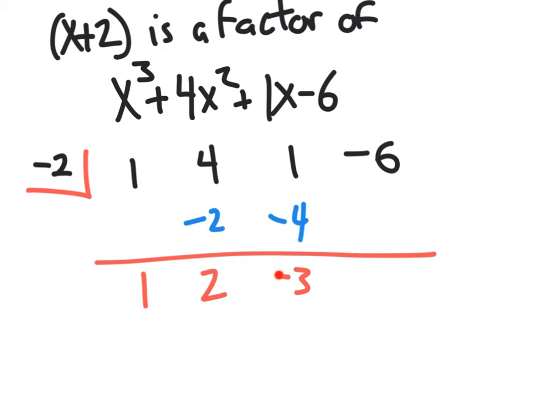And as we go this way, -2 times -3, what do we get? 6. And guess what? This is our remainder. And what's our remainder? 0, of course. So I just proved, first of all, I know for a fact, I got this from a problem, I know for a fact that this is a factor of this. So the remainder is 0.